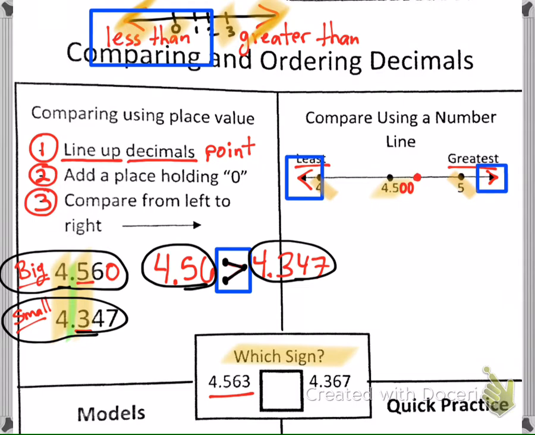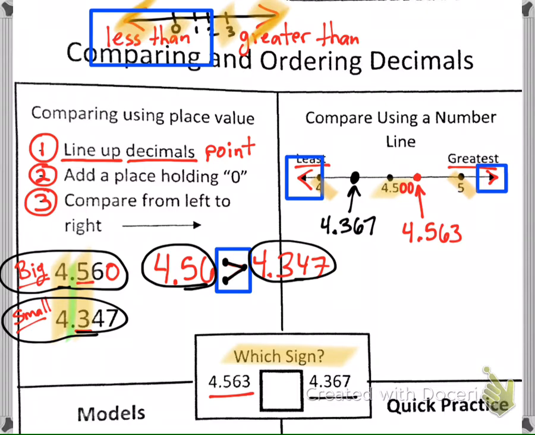Now we know that 4 and 563 thousandths is going to be more than 500, because 563 is more than 500, so it's going to be closer to the right, which means that the other number we have, 4 and 367 thousandths, has to be to the left, because 367 thousandths is less than 500 thousandths.